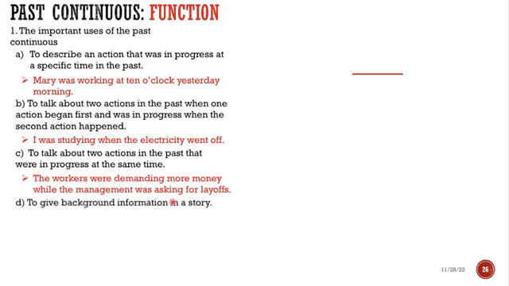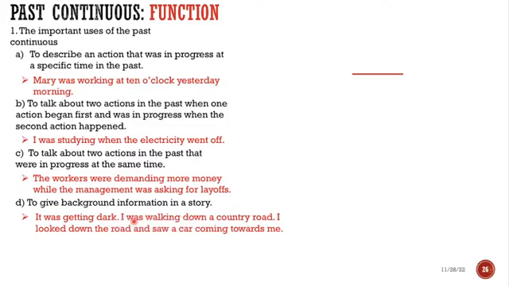Continue, everyone. This one is to give background information in a story. Background information in any story. Here you can see an example: It was getting dark.